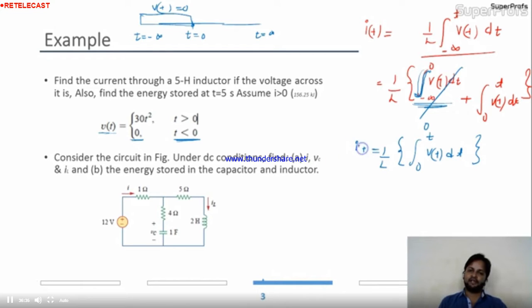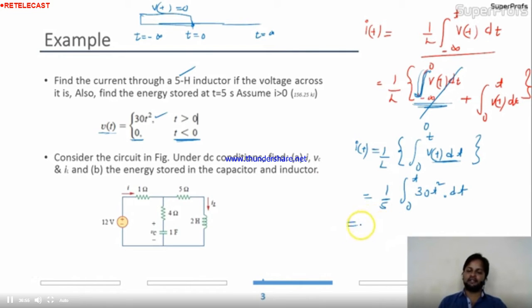Tell me, is there any problem? So 1 by L. What is the L given over here? This is 5 Henry. 0 to t, and v(t) is given as 30t squared in this range, multiplied with dt.